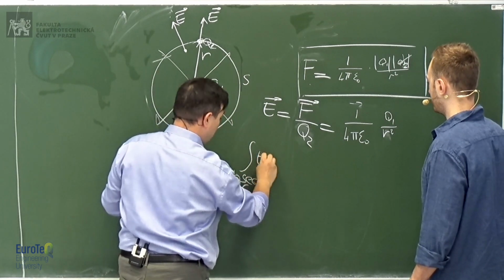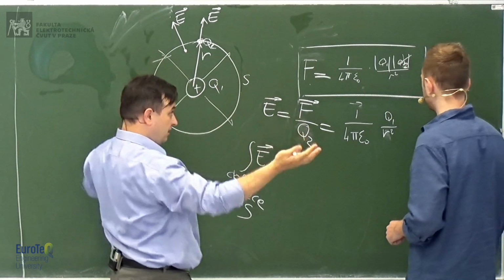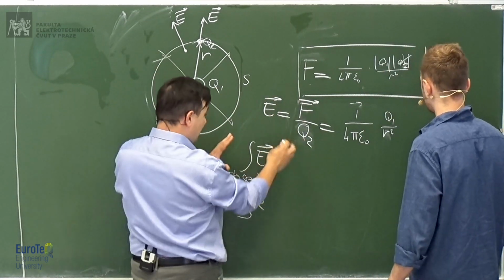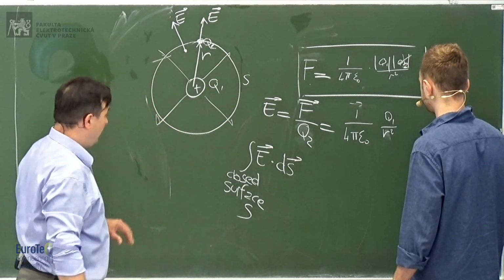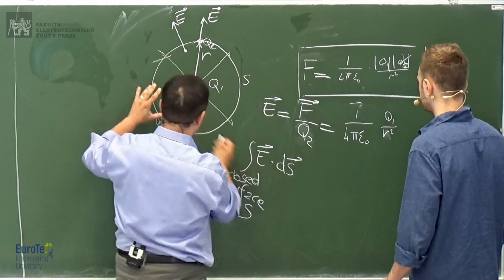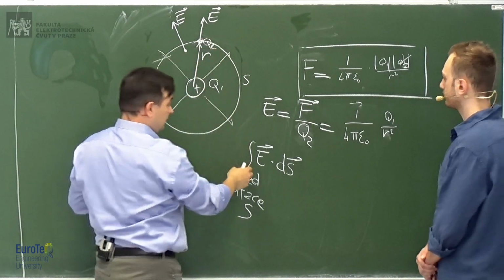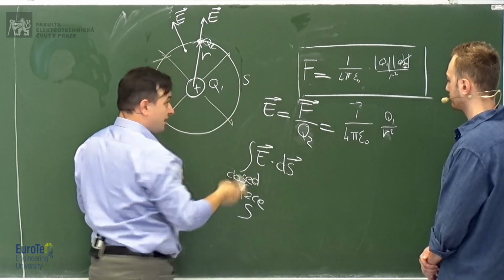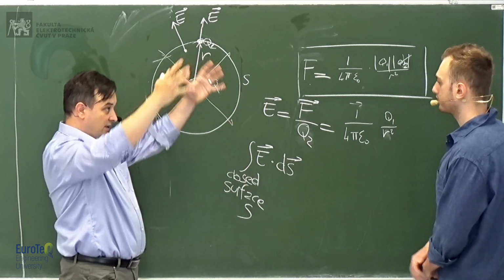The flux we say is the integral of E dS. In this case, in fact, the field is always radial, so you don't need to make any dot product.